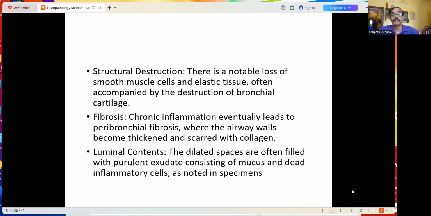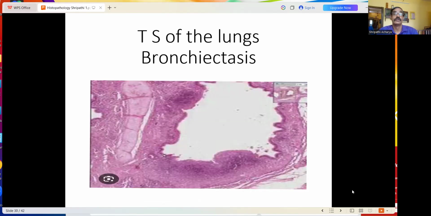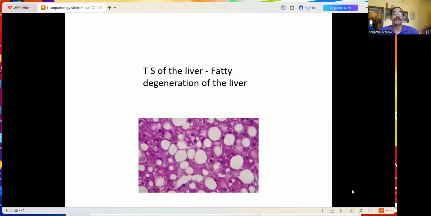The dilated spaces are often filled with purulent exudate consisting of mucus and dead inflammatory cells, as noted in the specimens. This is the bronchiectasis, TS of the lungs. It's also bronchiectasis. Next is TS of liver, fatty degeneration of the liver.